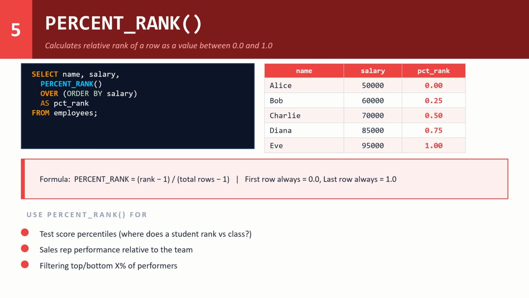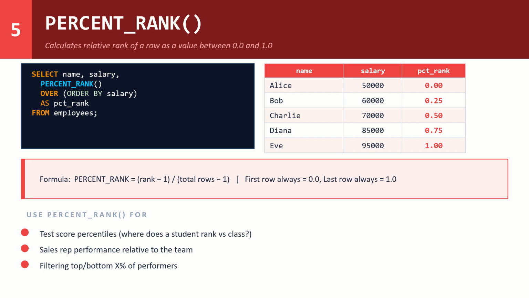Finally, percent rank. This one gives you a relative rank as a number between 0 and 1. First row always gets 0. The last row always gets 1. In between, each row gets a decimal showing where it stands relative to everyone else.